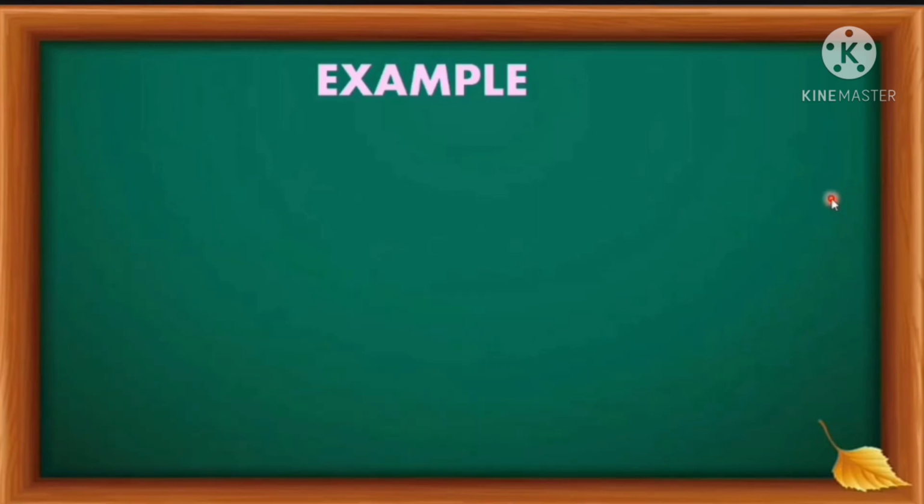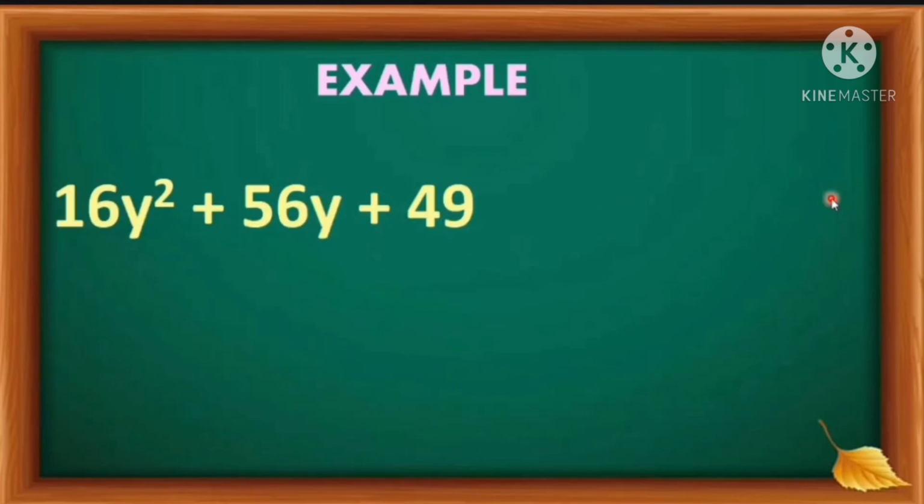Okay, let's have another example. We have here 16y squared plus 56y plus 49. How are we going to get its factors or its factored form? Okay, let us test first whether this trinomial here is really a PST or perfect square trinomial. Get the square root of the first term. Square root of 16y squared is 4y.